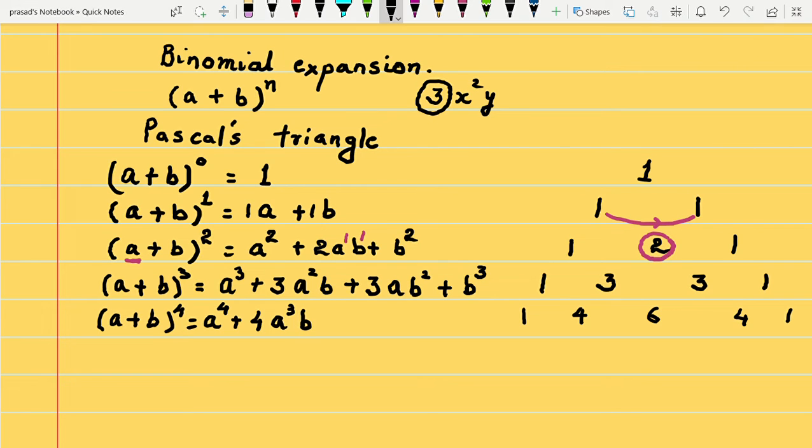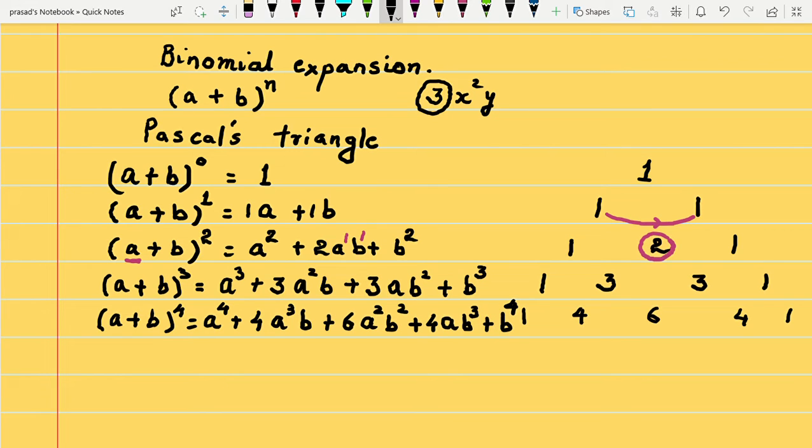The next coefficient is 6. a's power I will still reduce by 1. b's power I will increase by 1. Next coefficient is 4. a, b cube, and in the last term b's full power, that is b to power 4.